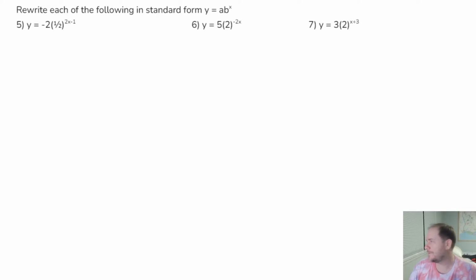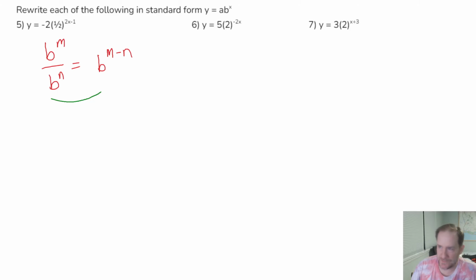So what you hopefully recall is that in the past when we had b to the m over b to the n, that became b to the m minus n. And if you understand how to use that rule going this way, then it shouldn't be too hard to use that rule going this way, because I see a 1/2 to the 2x minus 1.